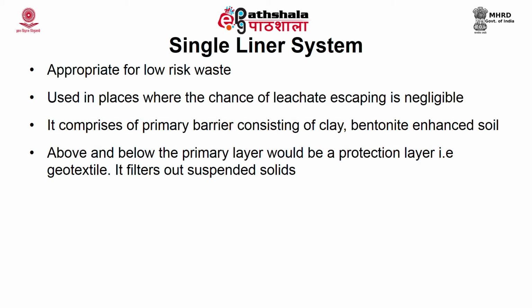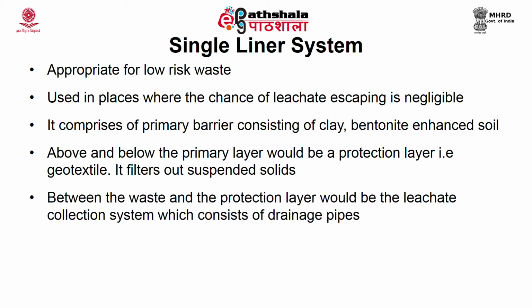Protection layer, again I told you, is geotextile, which will filter out the suspended solids. Now, between the waste and the protection layer would be the leachate collection system, which consists of a drainage pipe. Through this drainage pipe, the leachate which is collected will enter. Sometimes, as I told you, the leachate collection system will be lined with a geonet, again to prevent the entry of suspended material into the collection system.